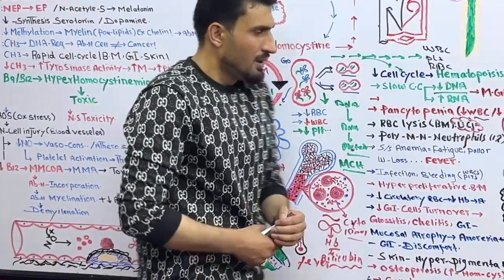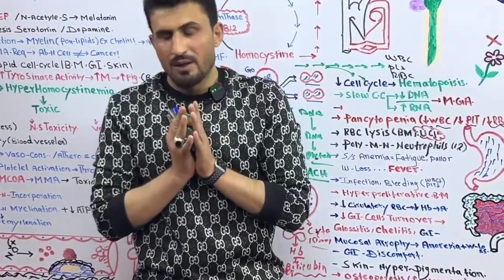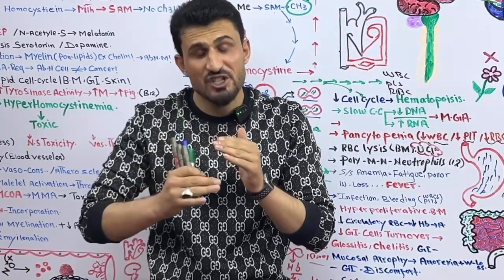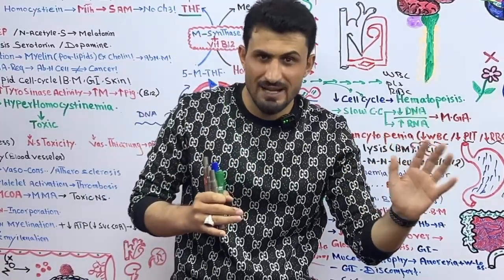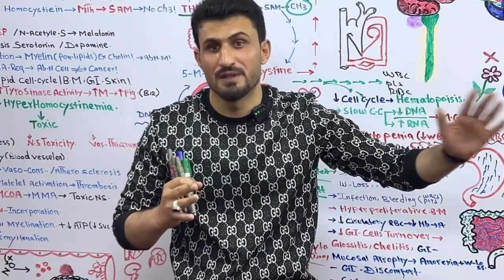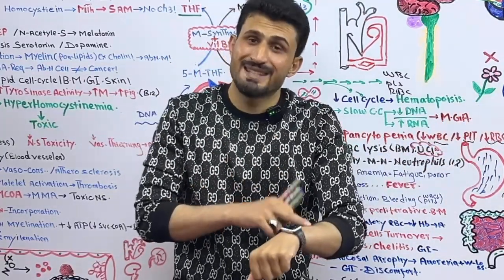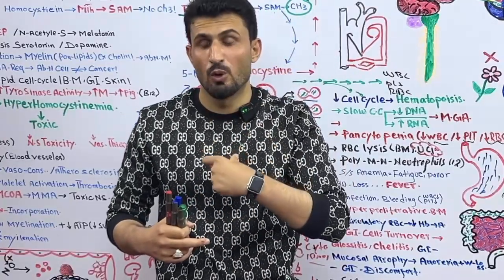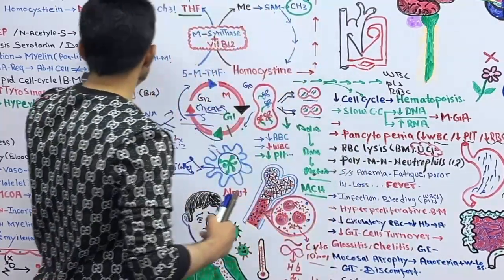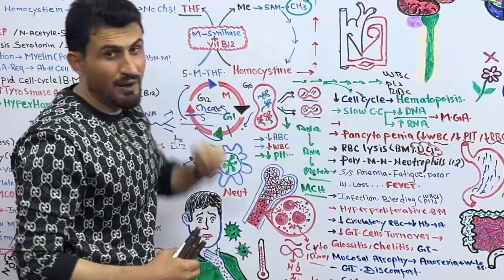Plus all parts of the body that need rapid proliferation of cells, rapid turnover of cells, for example skin, for example GI system, all of them will suffer from the deficiency of vitamin B9 and vitamin B12.